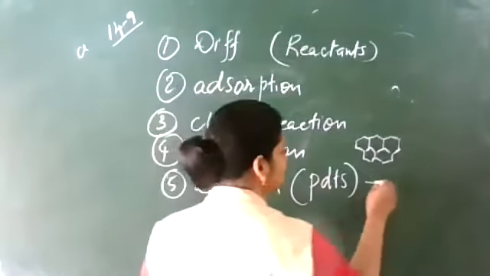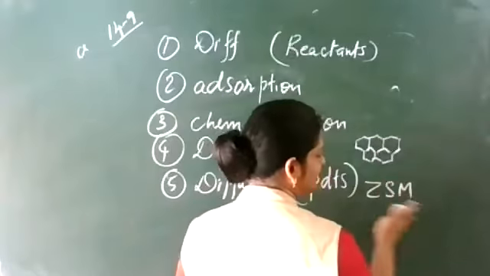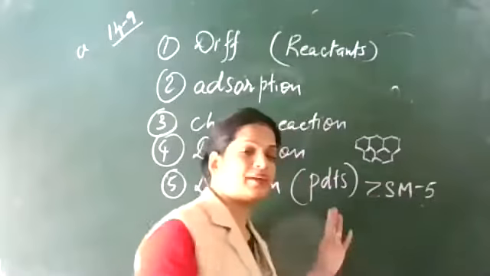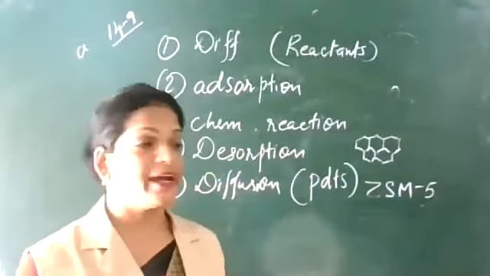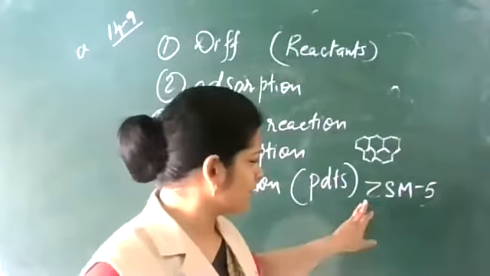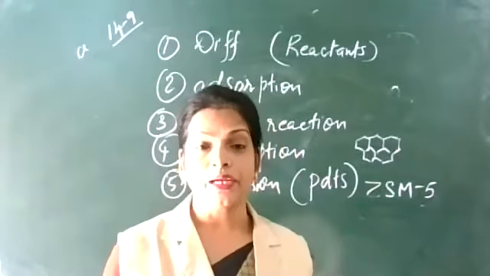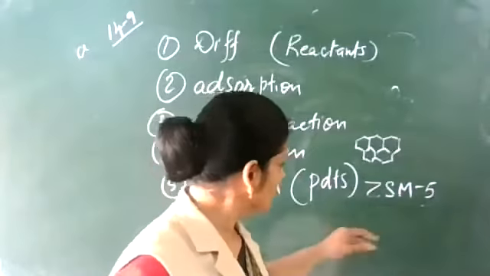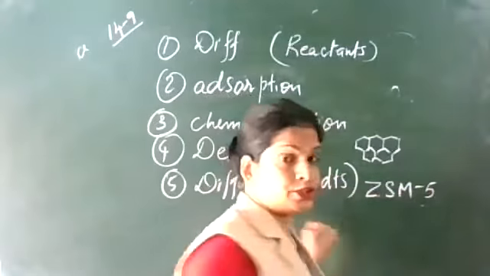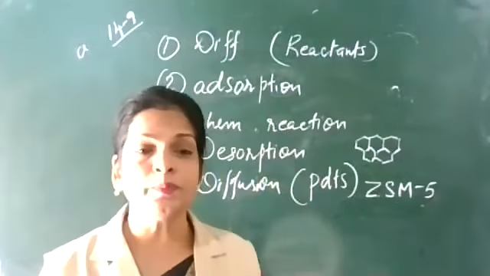Example: the zeolite material ZSM-5. Different numbers are there, but ZSM-5 is used as a catalyst to convert alcohol directly into petrol, that means gasoline.